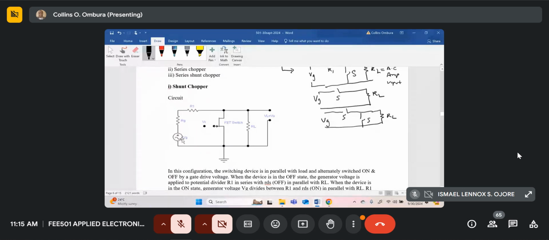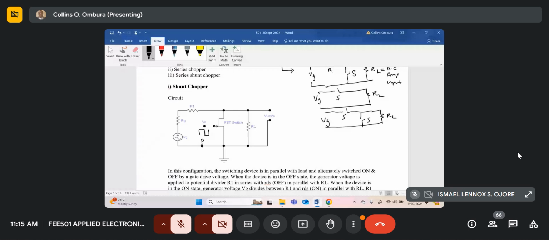So here's your generator. This is your input signal that you want to chop. RG is the internal resistance of the generator, and R1 is normally a protection resistance, which is put in series. And here is your switch. I'm not completely drawing that circuit, but VC, the control signal, will be put here between the gate and ground.